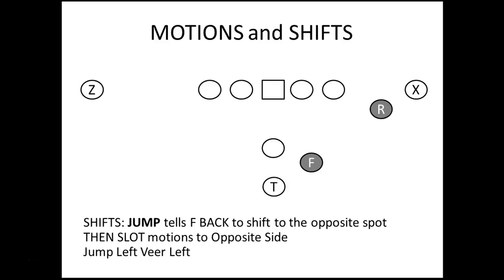So this would be jump to the left, and that tells the fullback to shift to the opposite side, then pause, then the slot motions to the opposite side. For example, jump left, veer left. So the fullback would shift, then the slot will go in motion, then you run the play. Fullback shift, then motion. Obviously, make sure you have your timing correct.